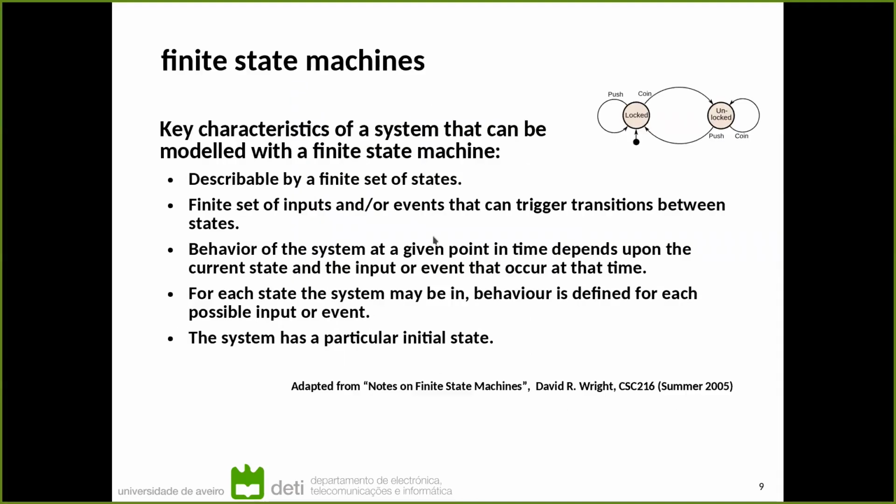So what we have been talking about, just to summarize, are finite state machines. These apply to systems that are describable by a finite set of states. A set of inputs or events can trigger transitions between these states, and the behavior of your system at any point in time depends on the state and inputs.